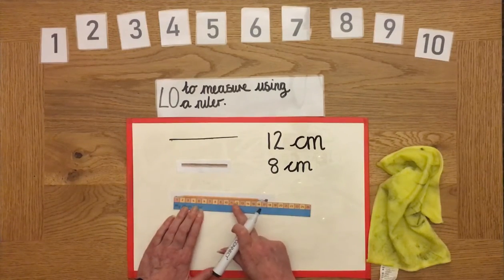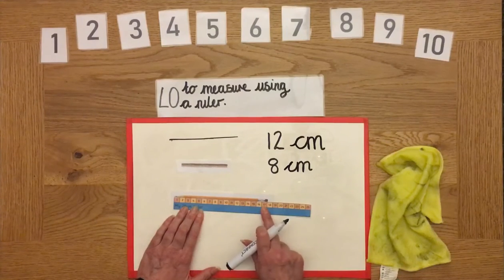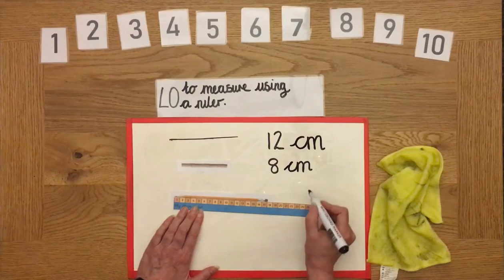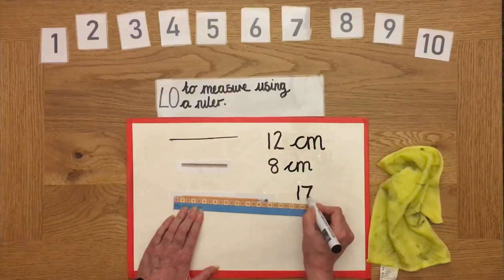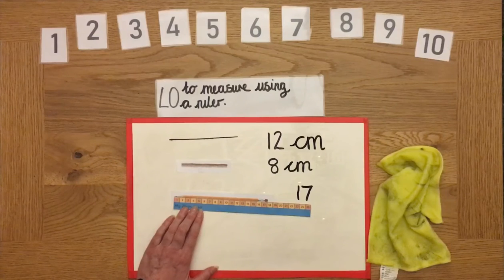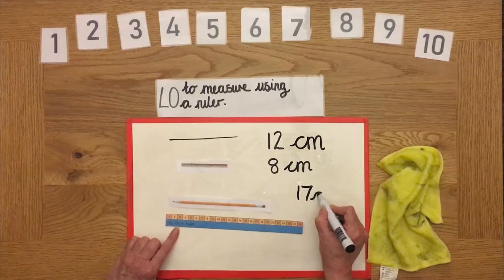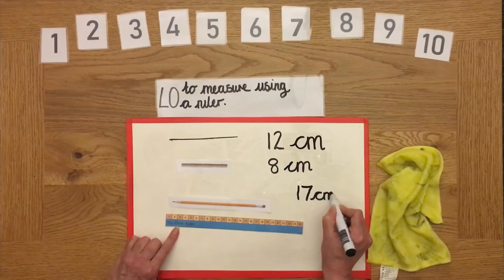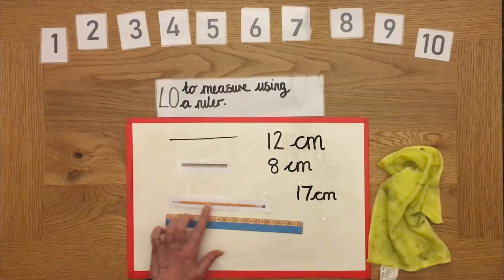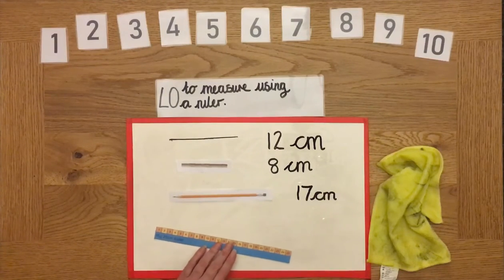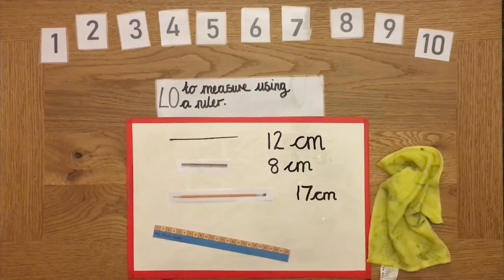And I know that it stops on the 17. So the pencil is 17. Is it 17 bananas? 17 sweets? No, we're measuring in centimetres. So we know that this pencil is 17 centimetres.